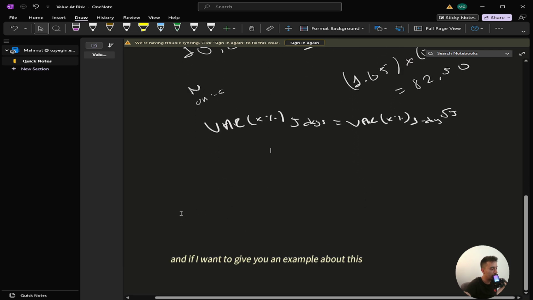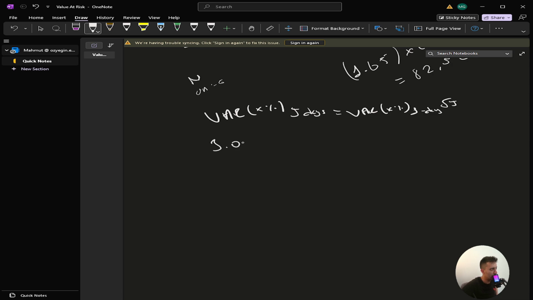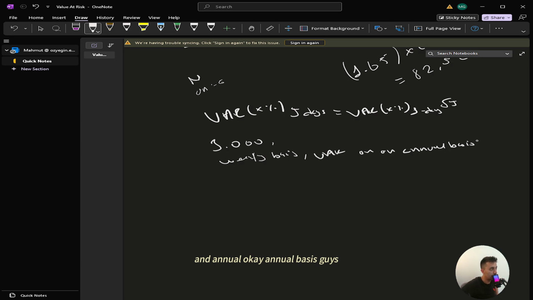If I want to give you an example: if value at risk on a daily basis equals 3000, what is our value at risk on a weekly basis and on an annual basis?